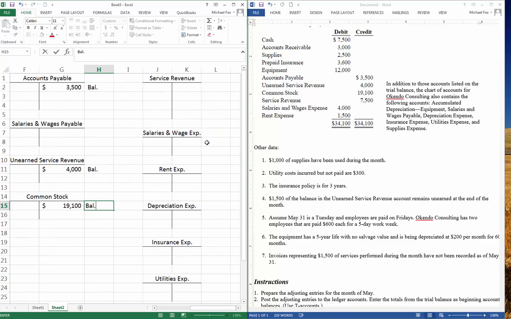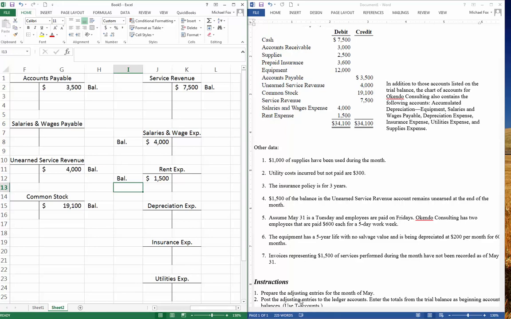And then service revenue had a credit balance of 7,500. Salary and wage expense had a debit balance of 4,000. And rent expense had a debit balance of 1,500. So that's all of the data that we already had, the beginning balances. All of these other accounts didn't have balances.